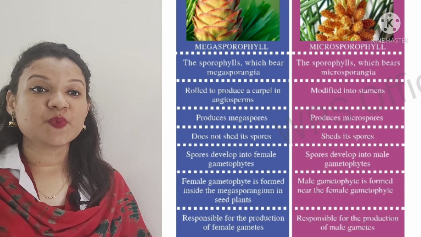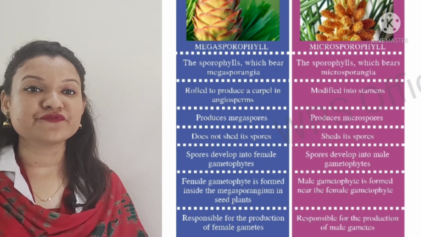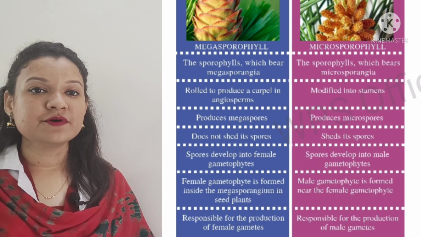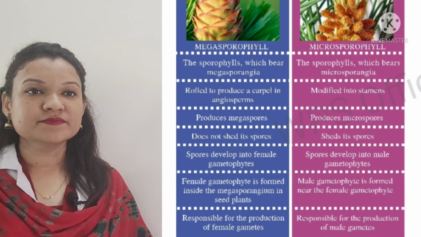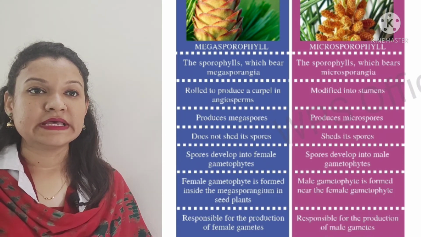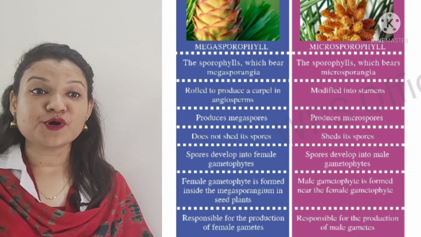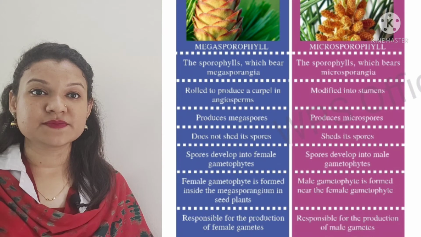In the megasporophyll, spores develop into female gametophytes. In the microsporophyll, spores develop into male gametophytes. In the megasporophyll, the female gametophyte is formed inside the megasporangium in seed plants.